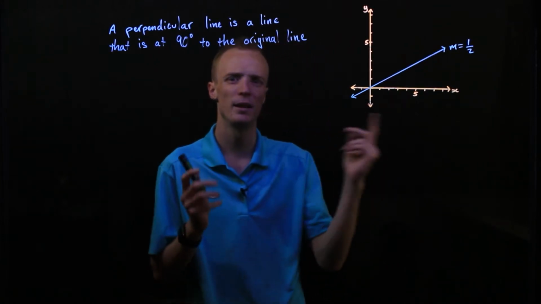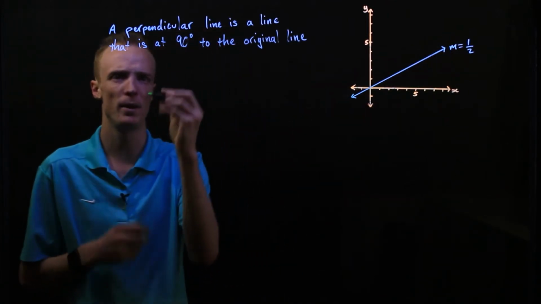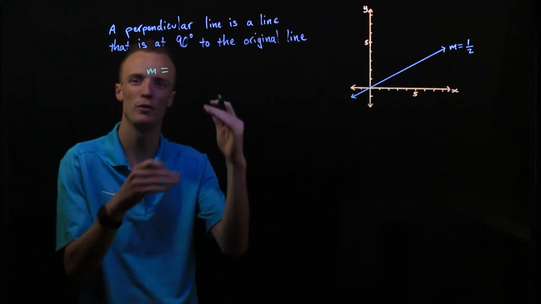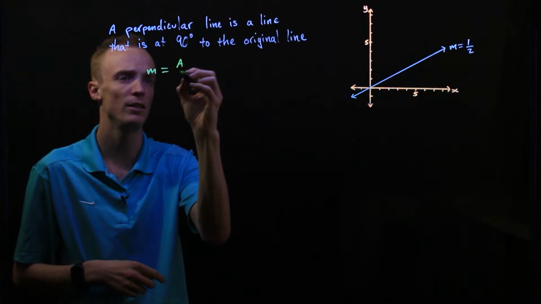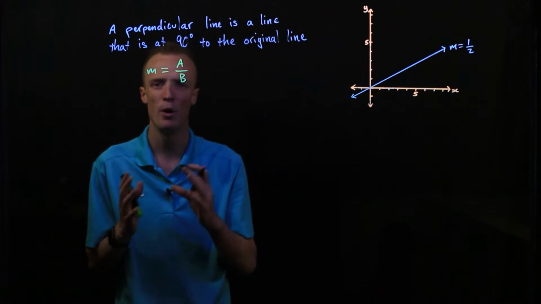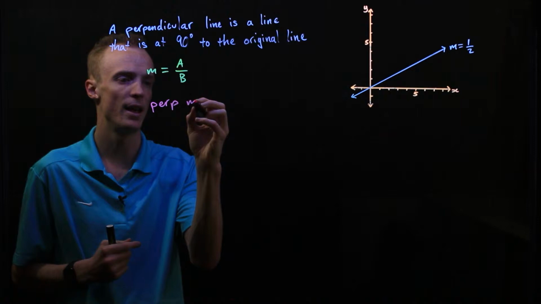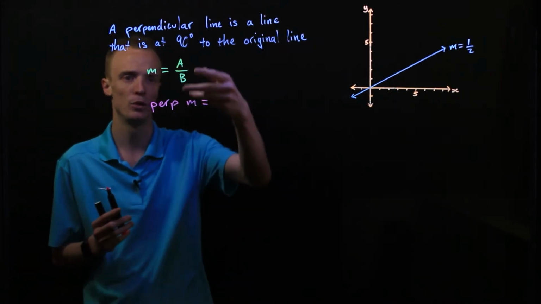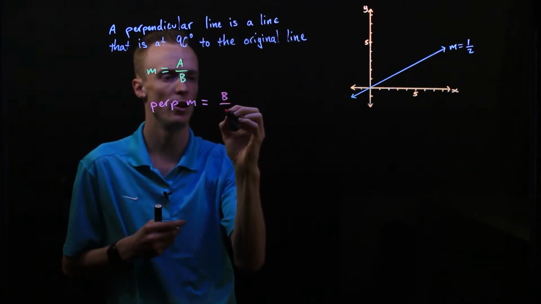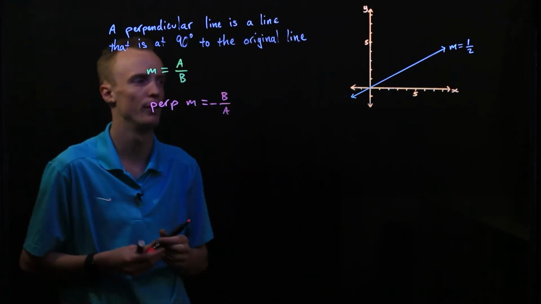Well, if we considered that more generally, if we considered this slope here, m, to be 1 over 2, or just a value divided by another value, so a over b, in more general terms, then our perpendicular slope, the perpendicular of m, is actually equal to this fraction flipped over, so b over a, but the negative of it, which means you change the sign of the fraction.